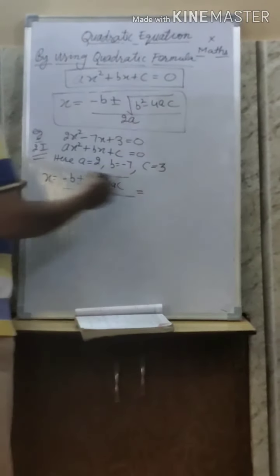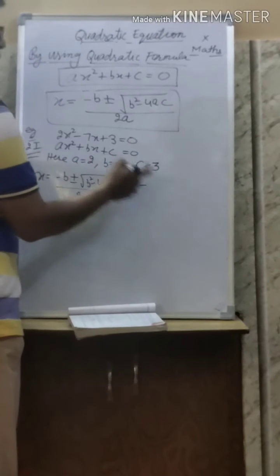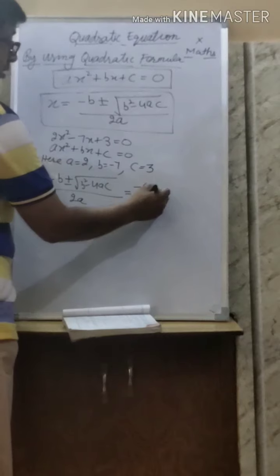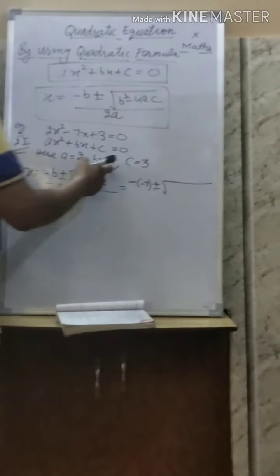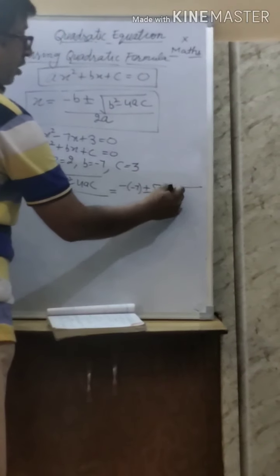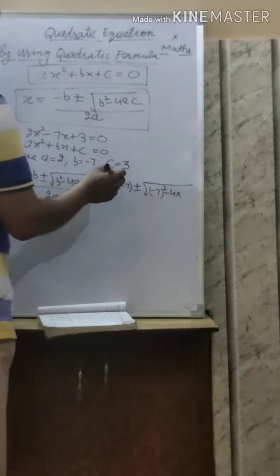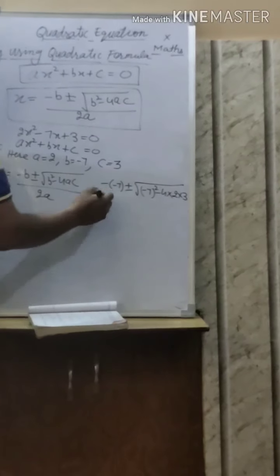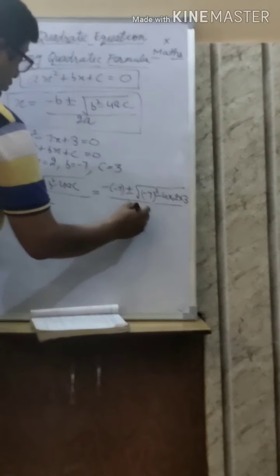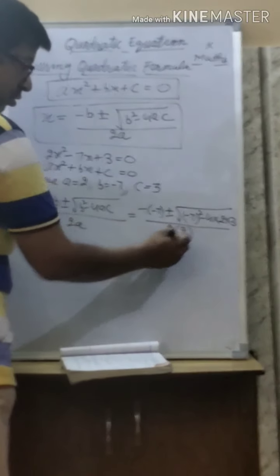Now put the values. b is minus 7, so minus of minus 7 plus minus under root of minus 7 square minus 4 into a into c, where 2 into the c value 3, upon 2a, where the a value is 2.